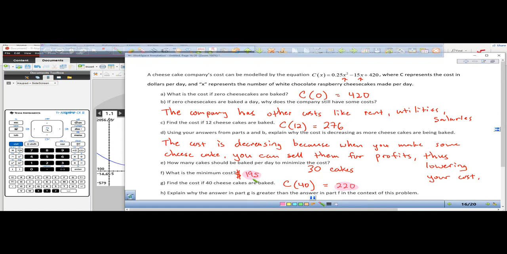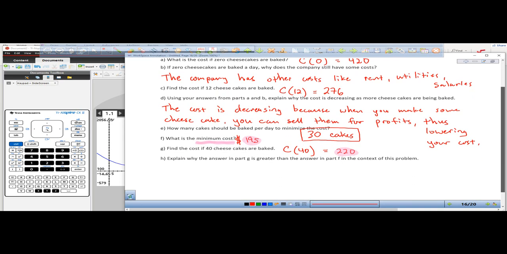Remember, our answer in part F was the minimum cost, so this is the best we can get in terms of lowering our cost. The minimum cost happens when we make 30 cheesecakes. Now in part G, if we make 40 cheesecakes, the costs start going up. So why does this happen?